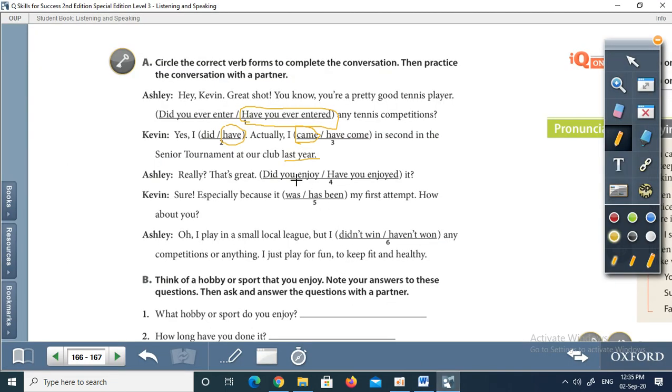And if you look here, he says last year, which is a specific time in the past. Now, number 4 will be, did you enjoy it? Now, the reason number 4 is did you enjoy it, which is past simple, is because number 4 is now referring back to last year, and last year is a specific time in the past.